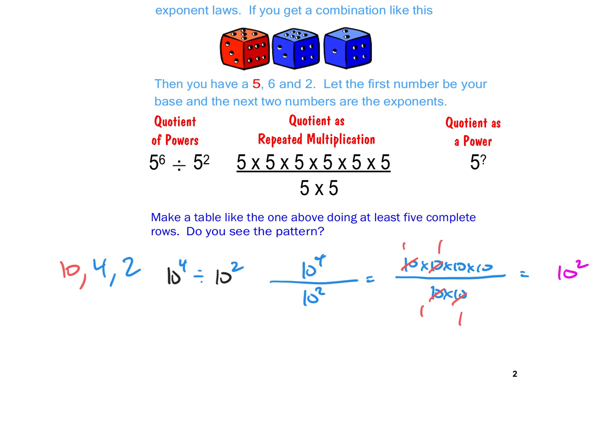What do you think we did with the exponents to get 2 as an answer? Subtraction. Correct. You subtract them. So when you're dividing powers that have the same base, you subtract the exponents.